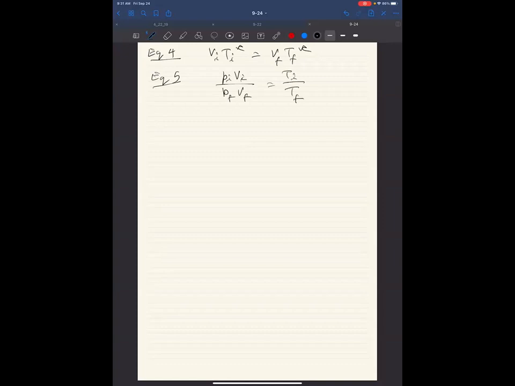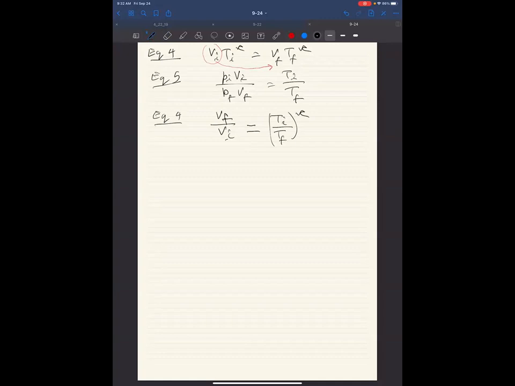So we can use equation 5 in equation 4 now, right? Equation 4 says that VF by VI, if you take this VI and bring it to the denominator over here, is equal to TI by TF to the power C, correct?